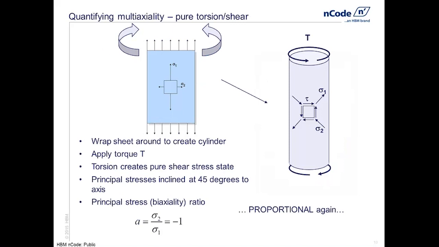The principal stresses are inclined at 45 degrees to the axis, and the biaxiality ratio is now -1. The principal stresses are equal and opposite to one another. If we then apply a varying torsional load, all the stress components and hence the principals will vary in the same way, and so this again will be a proportional loading with a biaxiality ratio of -1.